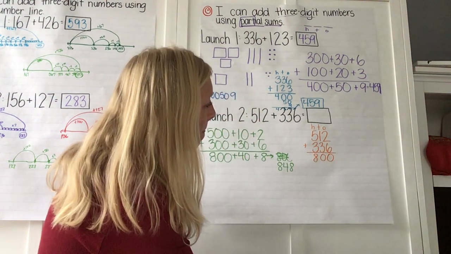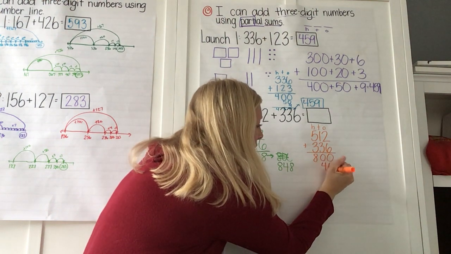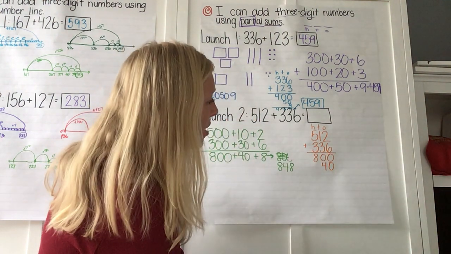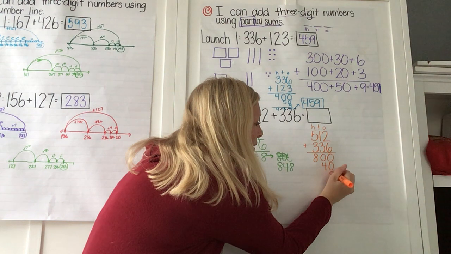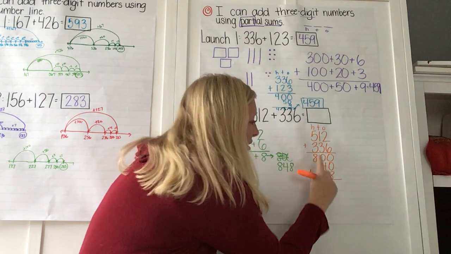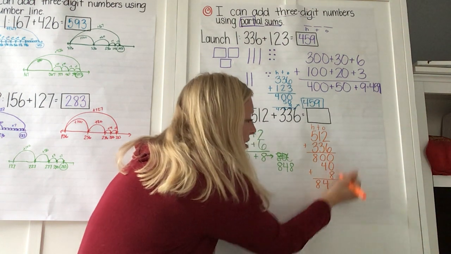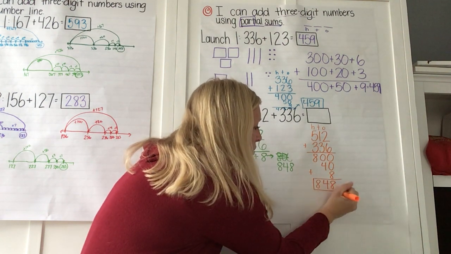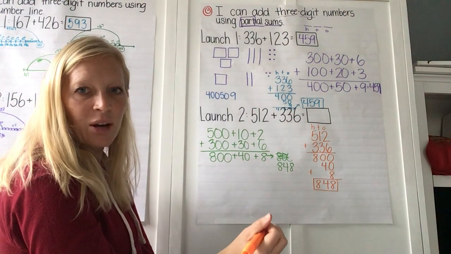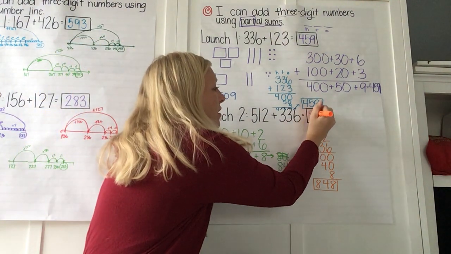Then what? 40. And then what? 8. And then what did you find? Your 8 in the hundreds, your 4 in the tens, your 8 in the ones. And there we have 848.